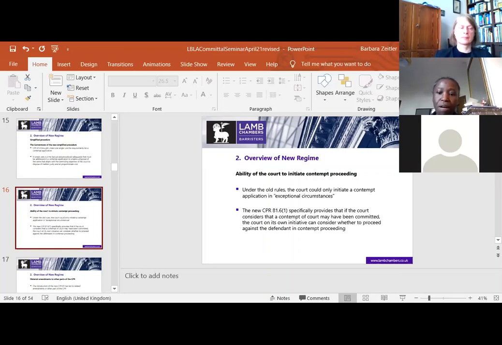The new CPR 81.61 specifically provides that if the court considers that there has been a contempt of court, including a contempt in the face of the court, it can decide whether it should initiate of its own volition proceedings against defendant. Those would be contempt proceedings.